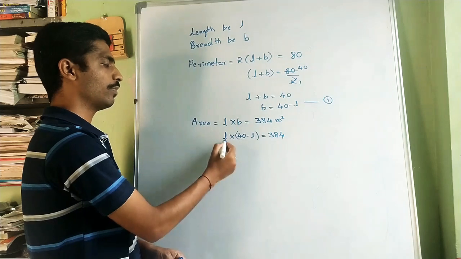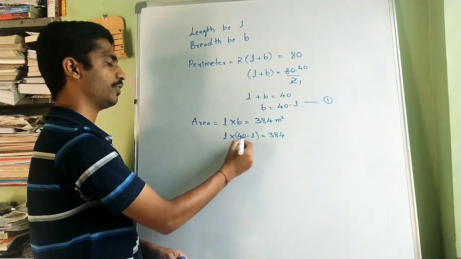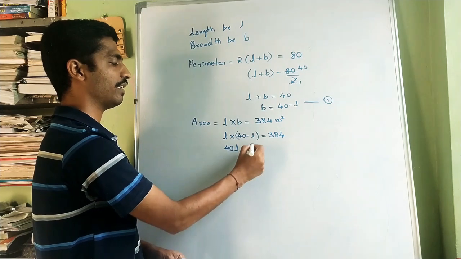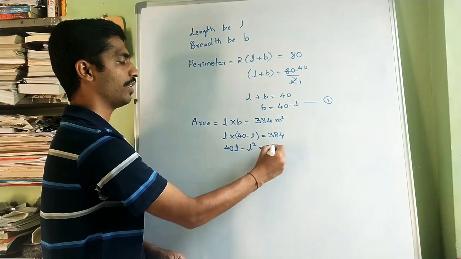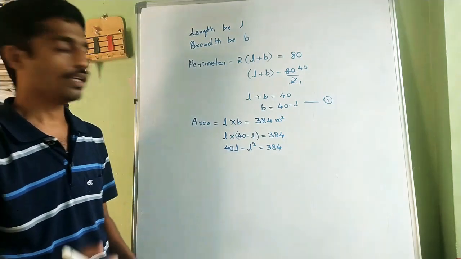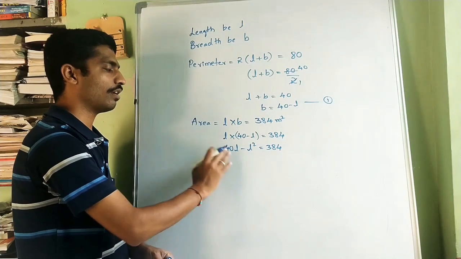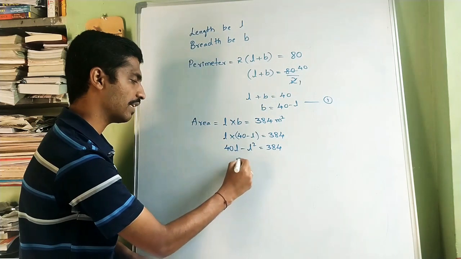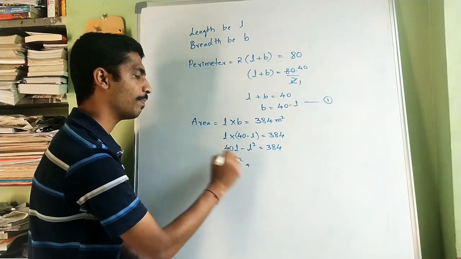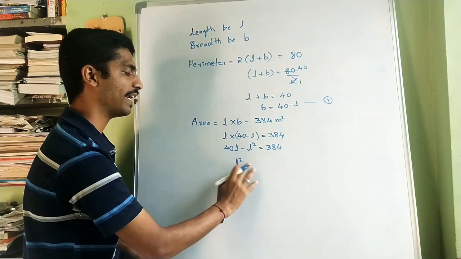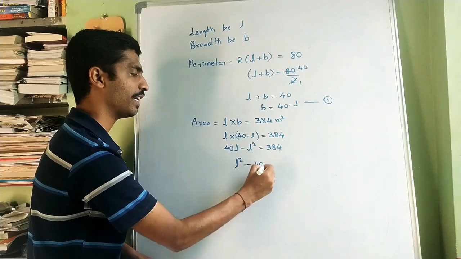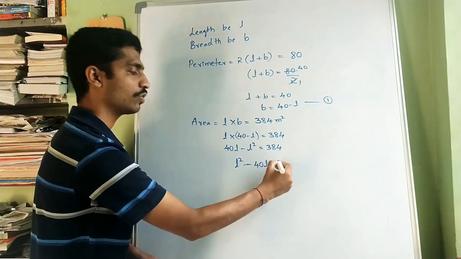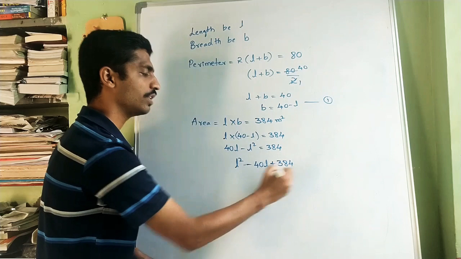Okay, so now multiply this here. L into 40, 40L minus L into L, L square equal to 384. Okay, so now take variables on right side, that becomes L square. This 40L becomes minus 40L, and 384 is already on that side only, so keep it as plus 384.